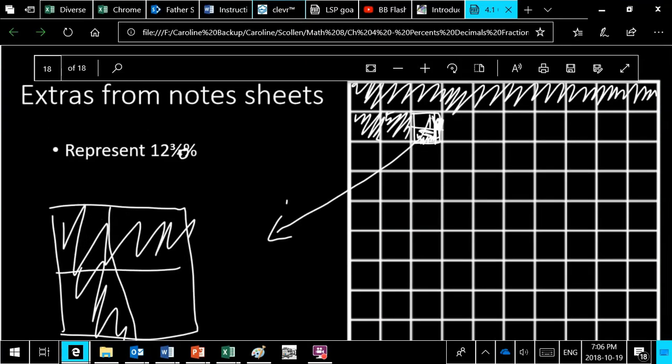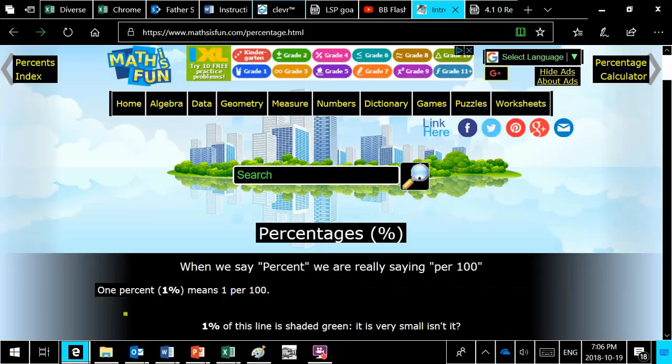If you are done all the examples and the practice problems, what I want you to do is go to this website, https://www.mathisfun.com/percentage.html.